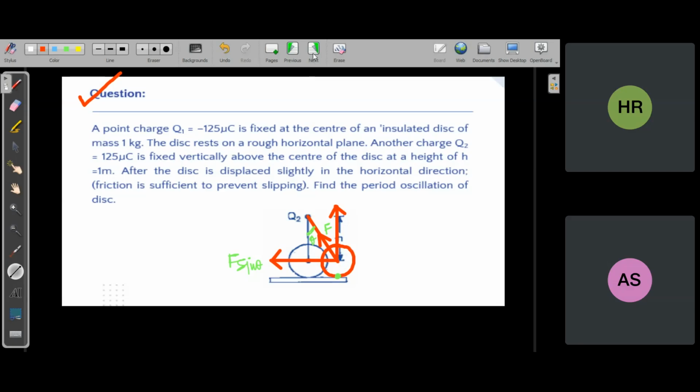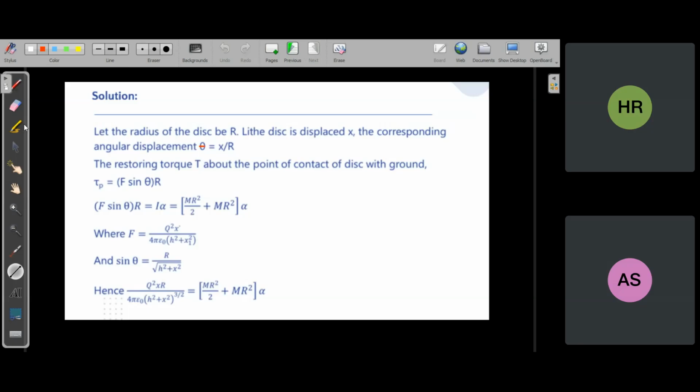About the point of contact, the torque will be F sine theta into R, and that is equal to I alpha. From here, you will try to find the equation of F. Or you can find the equation of alpha as a function of theta, because for angular SHM the equation is alpha equal to minus omega square theta.